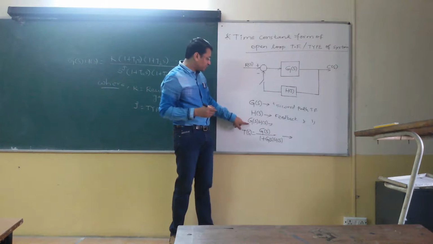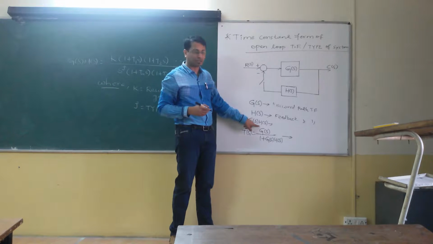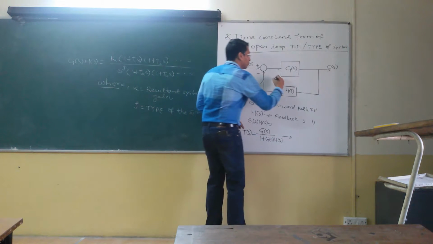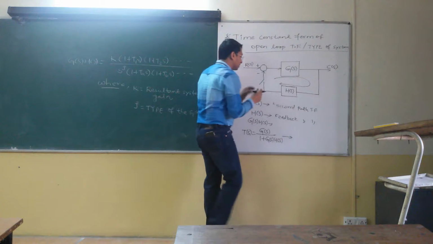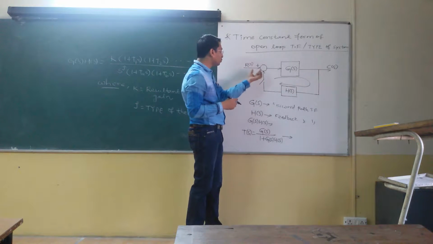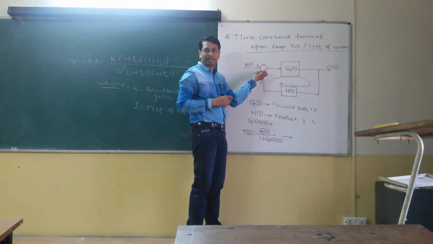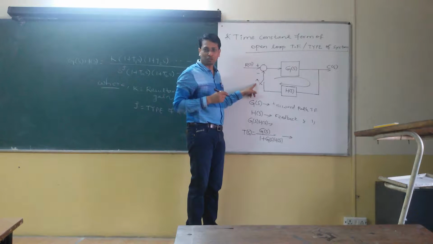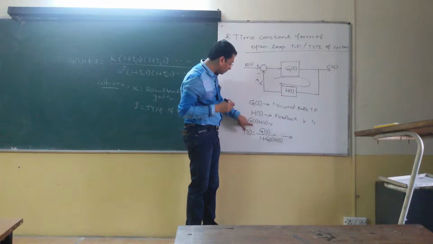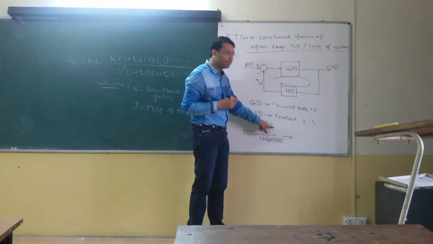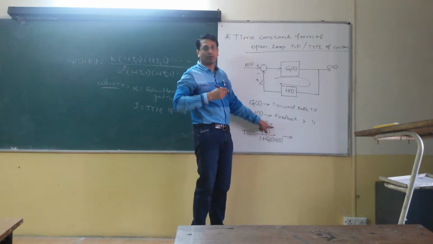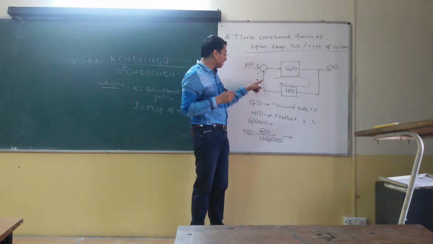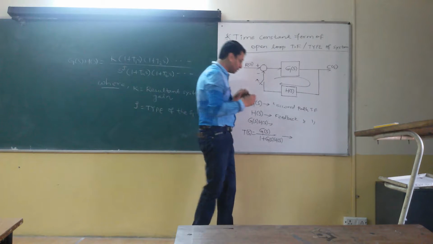This particular G(s) multiplied by H(s) is the transfer function of the loop. This loop means the input is available to be fed back, but the switch is open. So this particular multiplication is known as the open loop transfer function. The word open signifies that the switch is open.